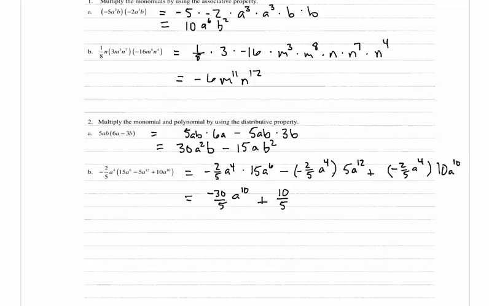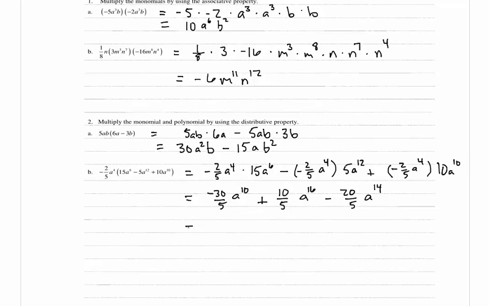And a to the 4th times a to the 12th is a to the 16th. And then we have minus 2/5 times 10 is 20 over 5. And we have a to the 4th times a to the 10th. And that's equal to a to the 14th.